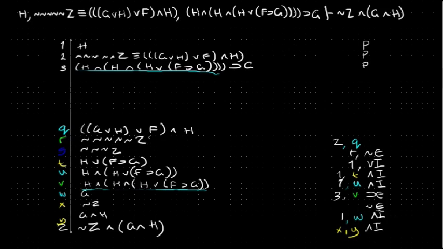We have to move in 2 steps because our rule only allows us to get rid of 2 negations at a time. So that's what we're going to do. Sorry, that was a biconditional elimination, wasn't it?